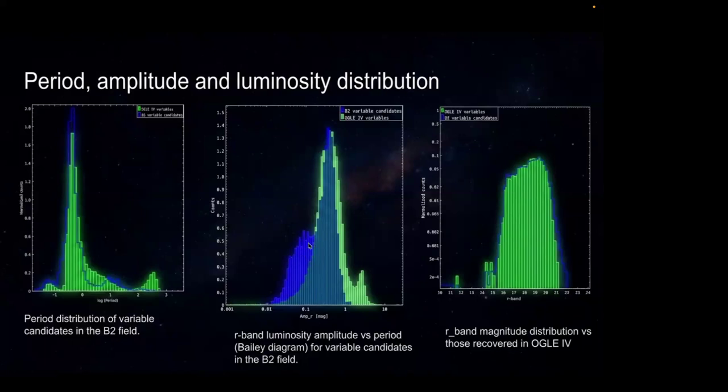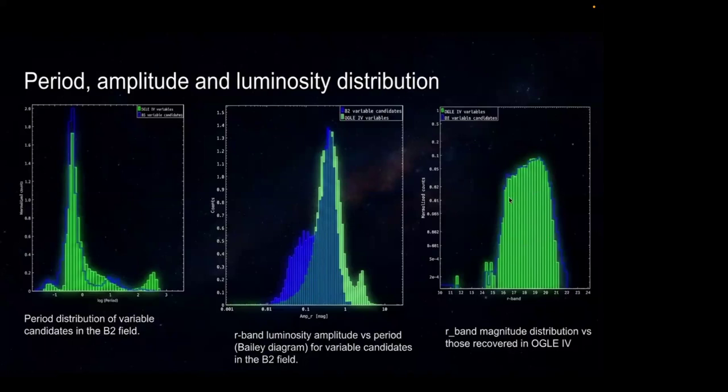But I should tell you something more about this plot. We know the OGLE catalog is for the I band and V band. Here, I just plotted the amplitude in the I band for OGLE, and for us it is in the R band. I know that they are not compatible.